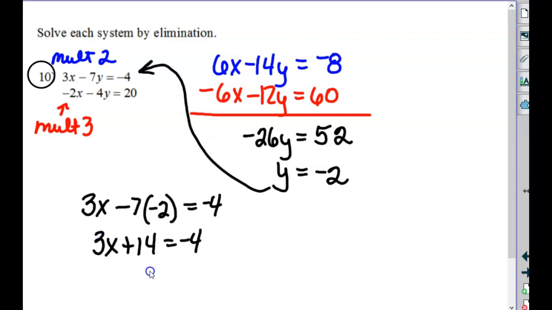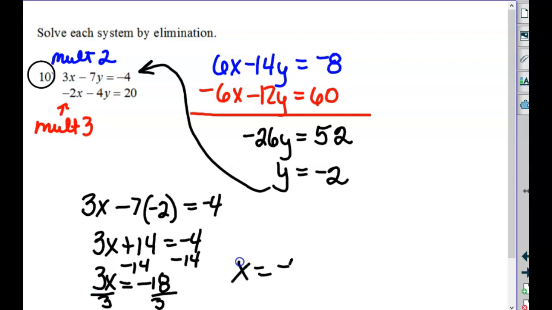Did I do something wrong? -14. Oh, I don't know, I can't add in my head. It's -18, and then it divides, and we get -6. I thought it wasn't coming out a nice number, and I don't think any of these are fractions today.